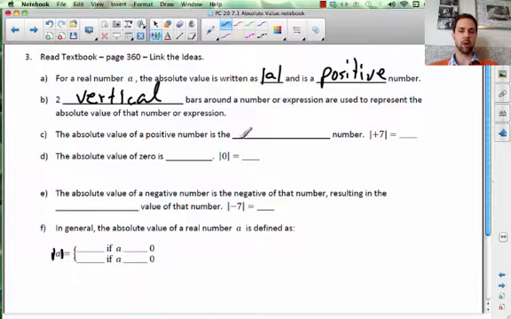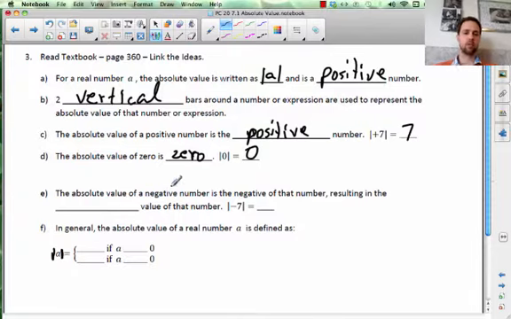The absolute value of a positive number is just the positive of that number. So the absolute value of positive 7 is 7. The absolute value of 0 is 0, because it represents a distance from one point to another.